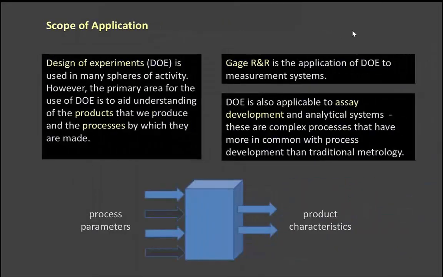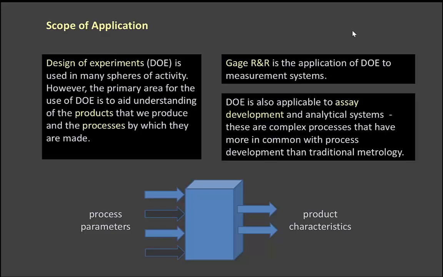But more generally, design of experiments is used in process development. So when we are developing products and processes, we want to understand products, and we want to understand the processes by which those products are developed and made. But design of experiments can also be applied to measurement systems. Typically, in measurement systems, we refer to it as gauge R&R, but the structure of a gauge R&R is a designed experiment.